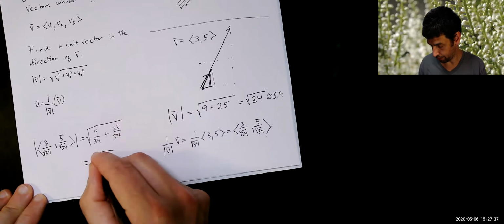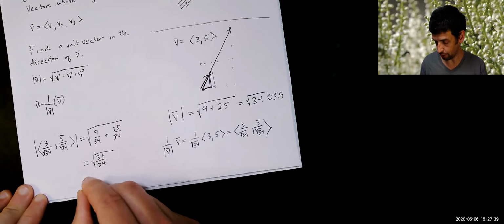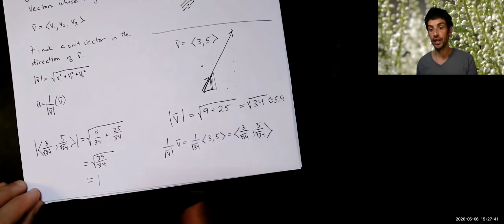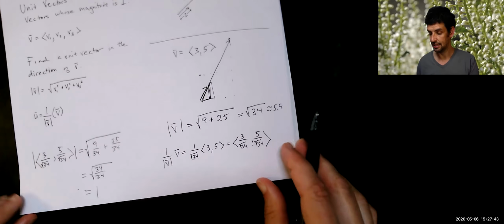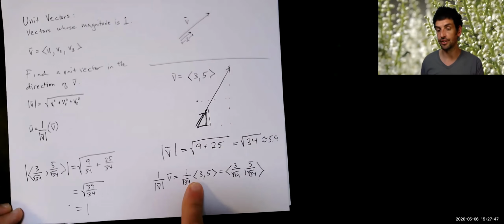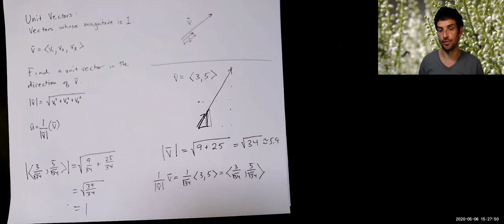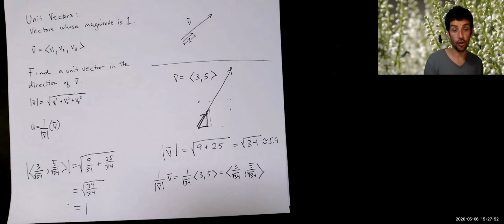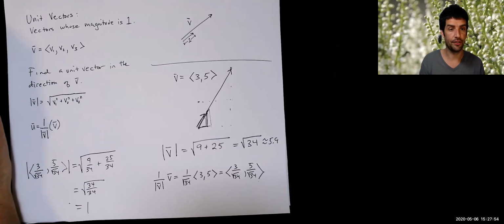That gives me the square root of 34 over 34, which is, of course, 1. So this is indeed a unit vector, right? And since we've only scaled the vector v, it's in the same direction. Okay, that is it for this one.